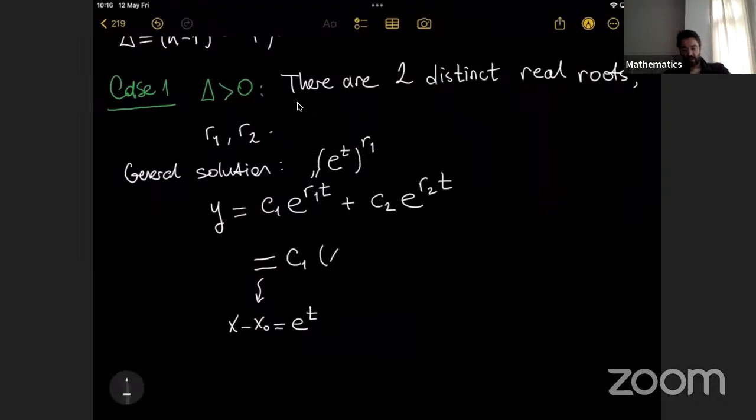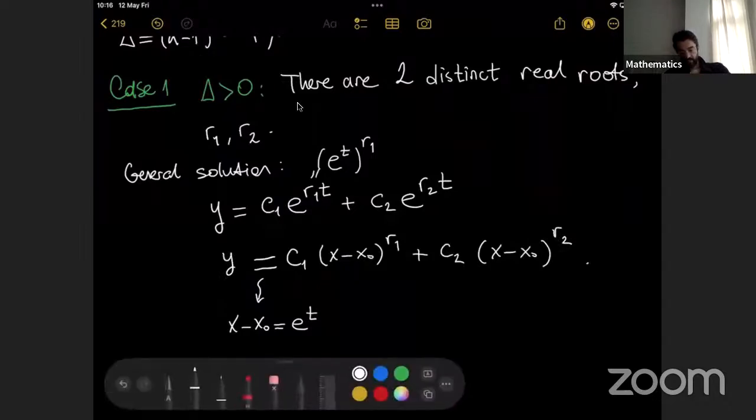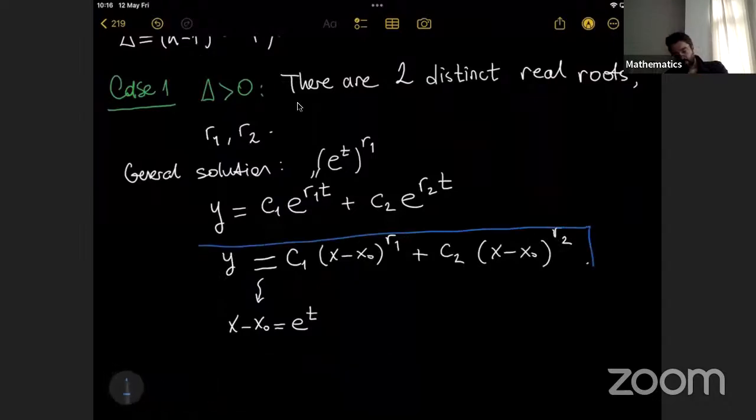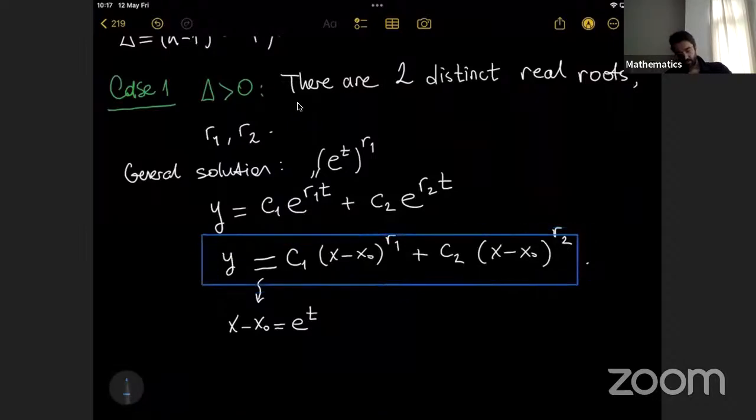So it's going to be x minus x0 to R1, plus C2 x minus x0 to R2. That's it. So this is the form of the solution of the Euler equation.